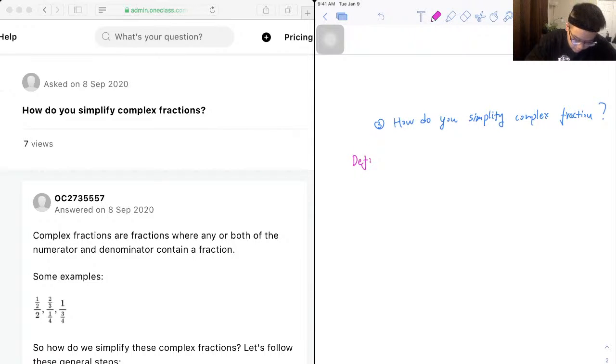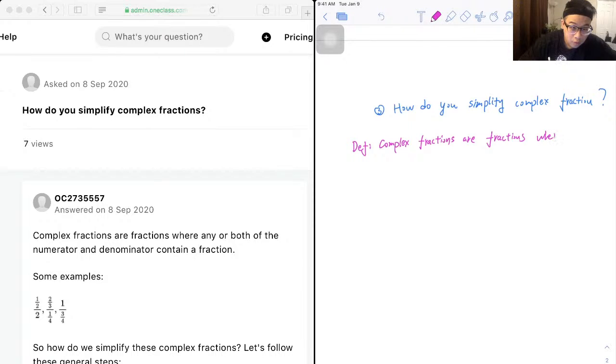Definition: complex fractions are fractions where any or both of the numerator and denominator contains a fraction.